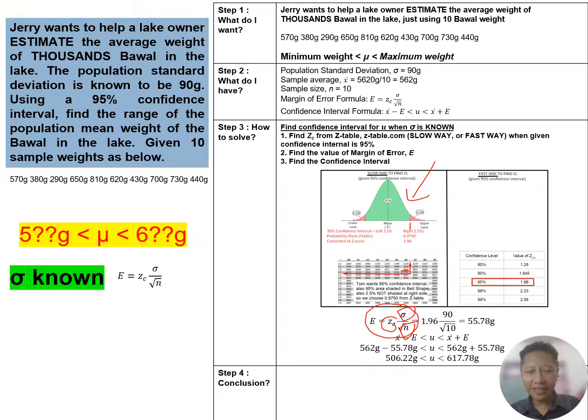The slow way is finding it from the Z table itself. We need to identify the probability, the percentage, then reflect it to the Z number. Because we have 95%, the balance is 5%. The 5% consists of two tails, left and right, so the left is 2.5% and the right side is 2.5%.